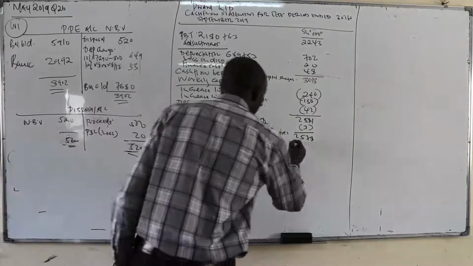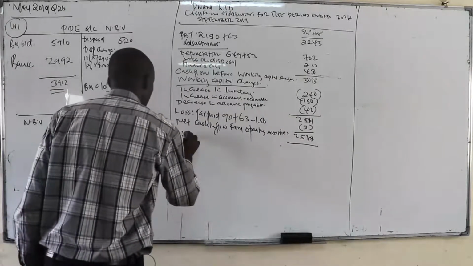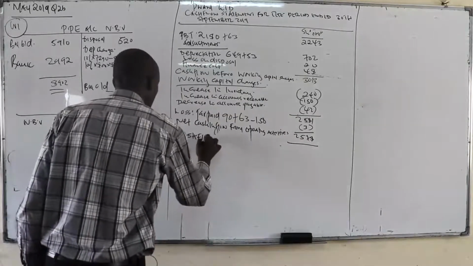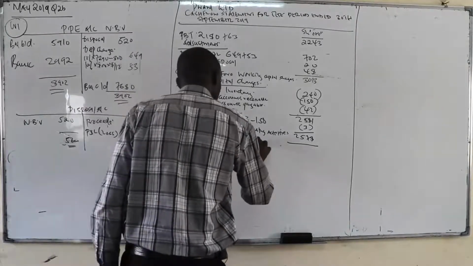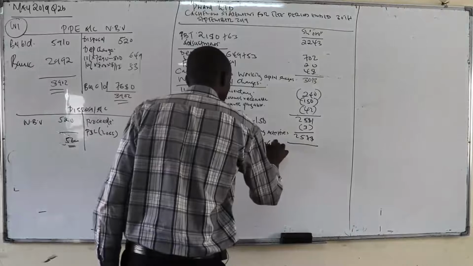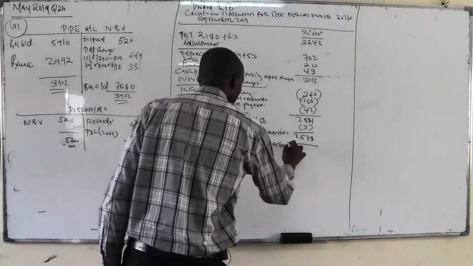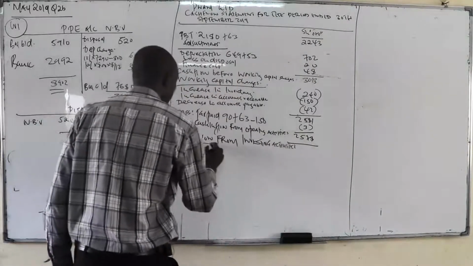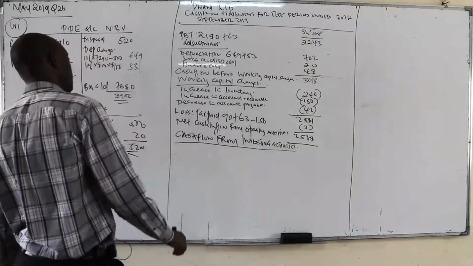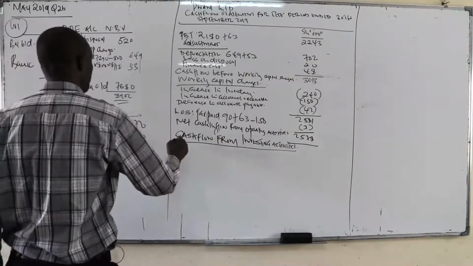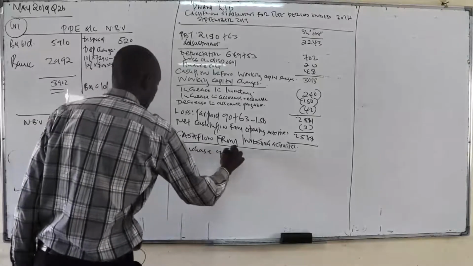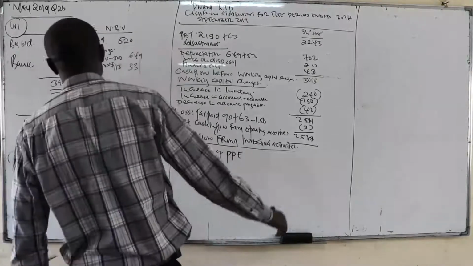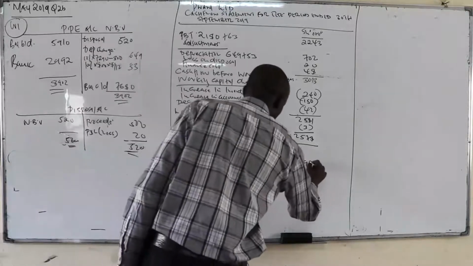And then now here we analyze cash flow from investing activities. So we have purchase of PPE, purchase of property, plant, and equipment, which is 2992.